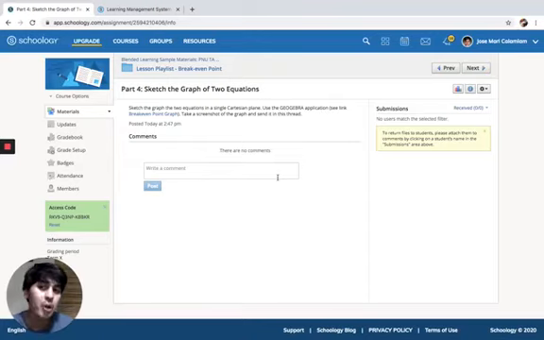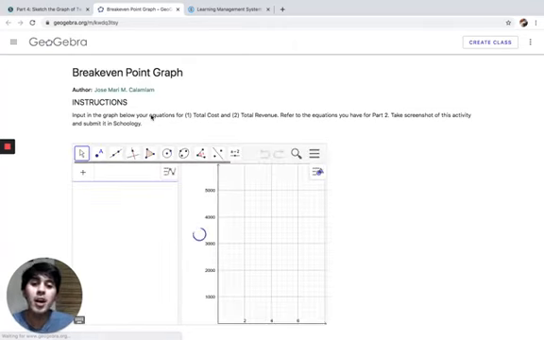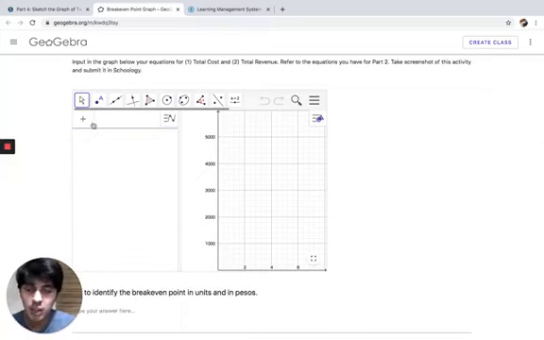For part 4, the student needs to really understand the meaning of break-even point. Break-even point is a point where total revenue is equal to the total cost. Given that, they need to solve for the break-even point by using a system of linear equations. A student will use the equations they formulated for part 3.